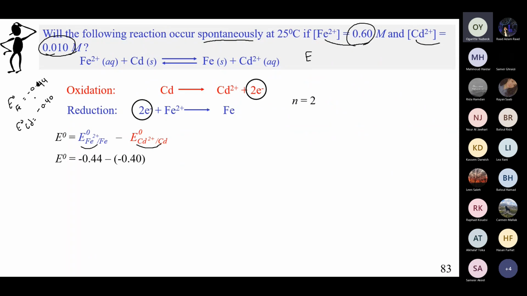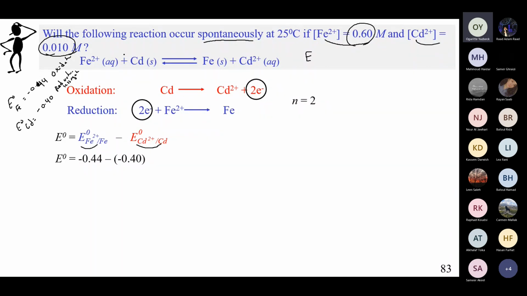Iron is less negative, so it should undergo reduction. Cadmium is more negative, so it should undergo oxidation. Is that the case in this equation?